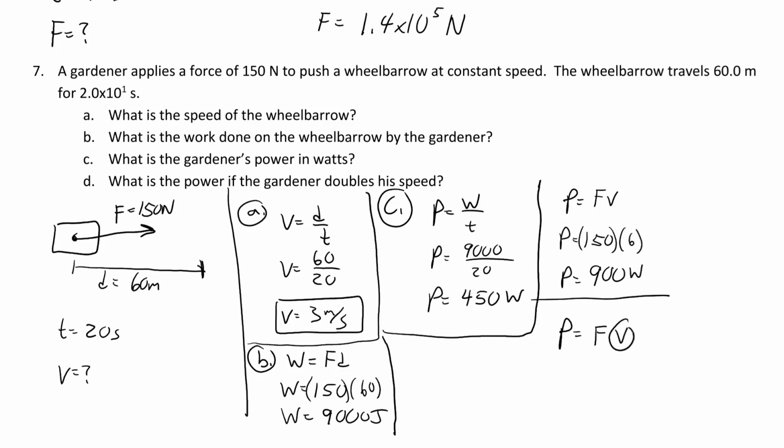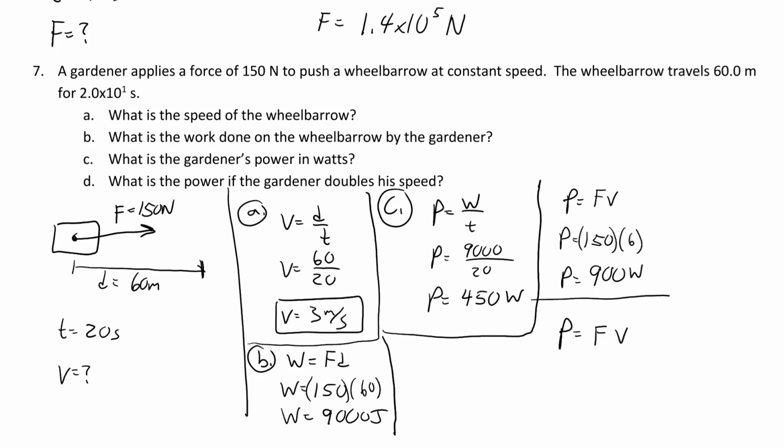Is it inverse? Is it direct? Is it an exponential relationship? The answer is that it's a direct relationship. They're both in the numerator. The velocity isn't being squared. So it's a direct relationship.